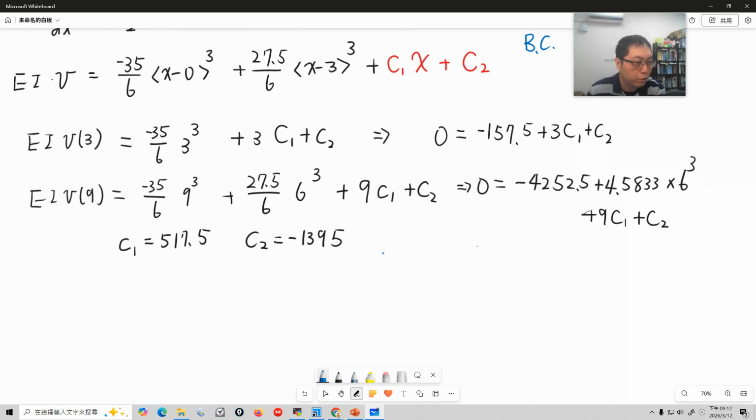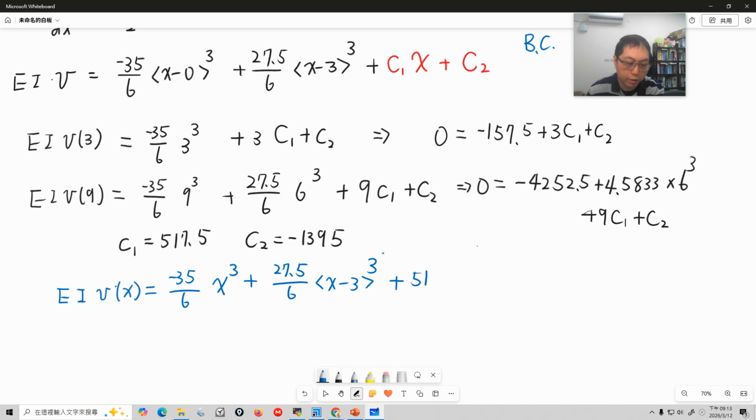So finally, we will have EI v of x equal to minus 6.35 x^3 plus 27.5 times (x minus 3) to the power 3 plus 1517.5 x minus 1395. Later we'll use the slope of the elastic curve, so I also write down the first derivative of the elastic curve.